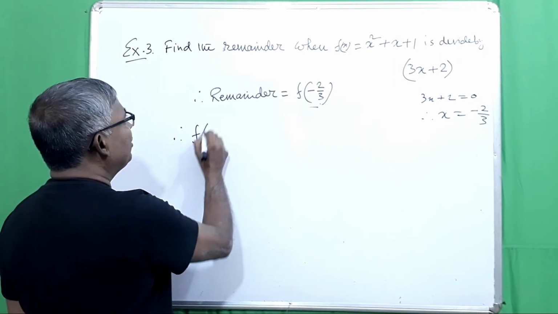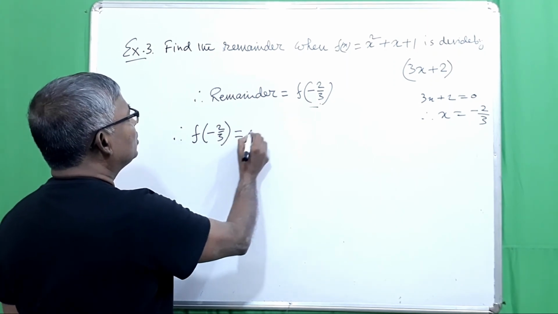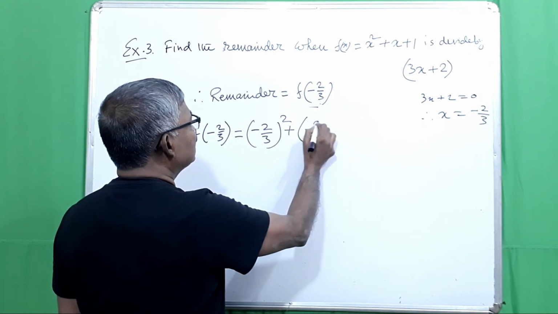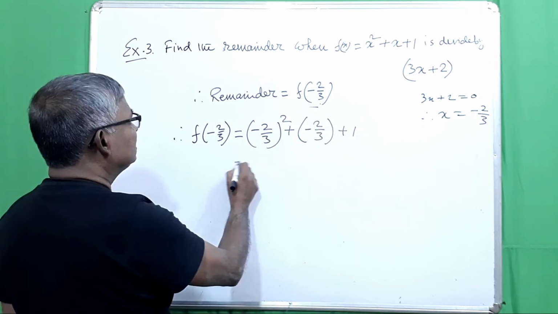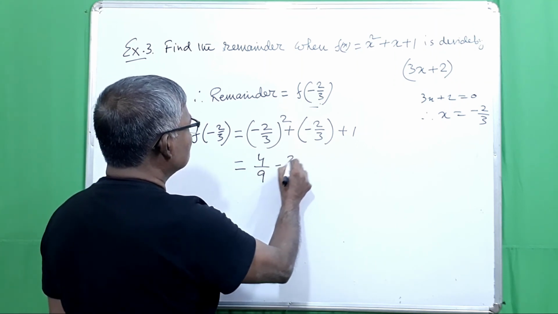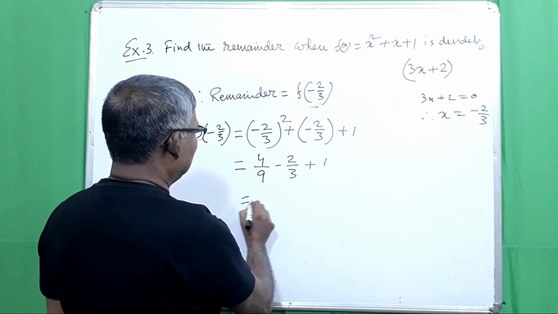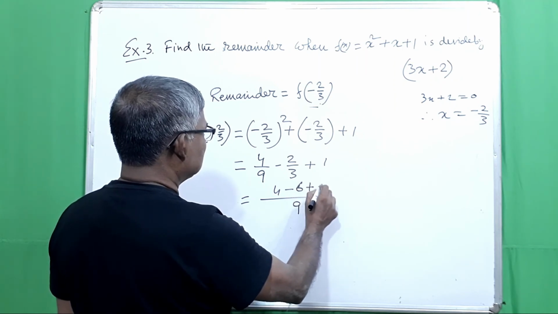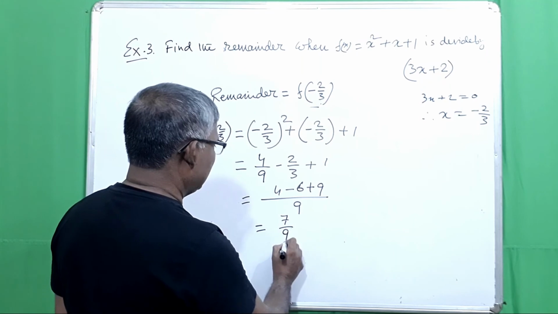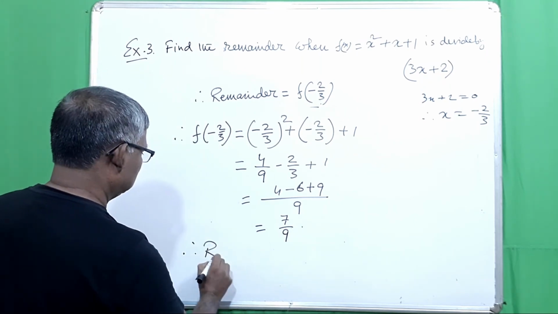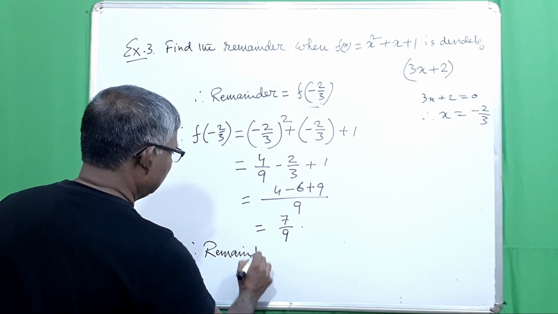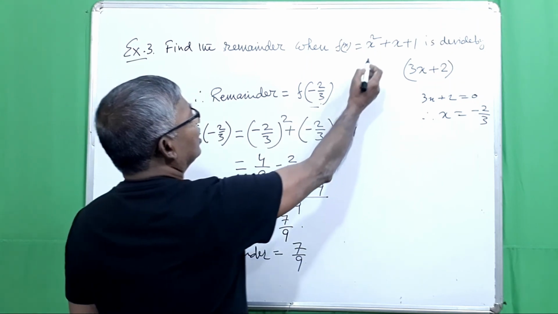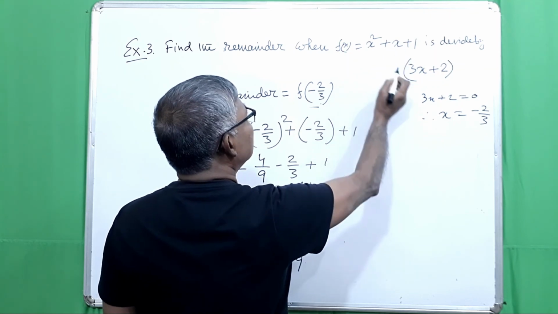Therefore, f of minus 2 by 3 equal to (minus 2 by 3) whole square plus minus 2 by 3 plus 1, that is 4 by 9 minus 2 by 3 plus 1, that is (4 minus 6 plus 9) by 9, that is 7 by 9. Therefore, remainder equal to 7 by 9.